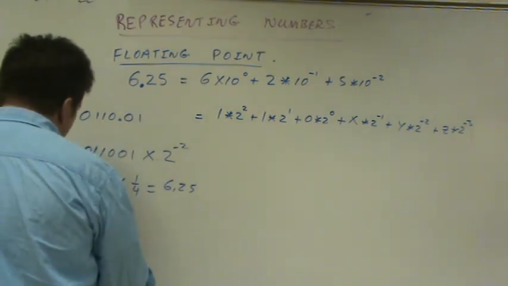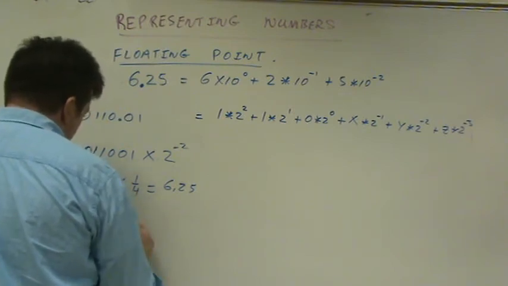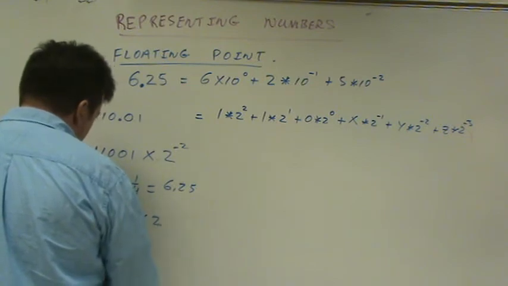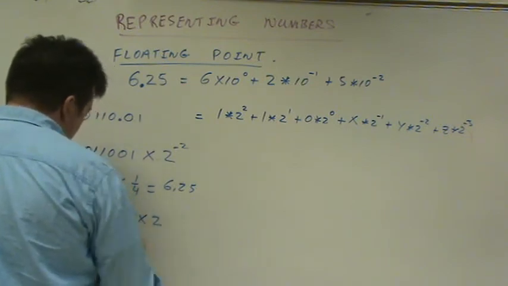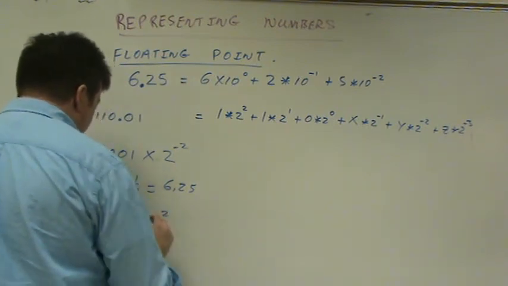We could have said 1.1001 times 2 to the now square.